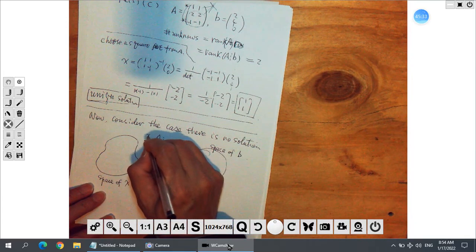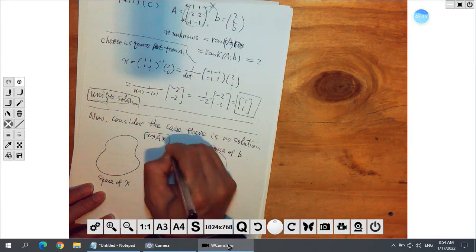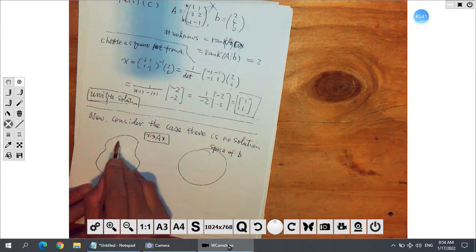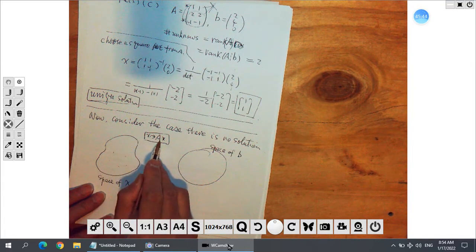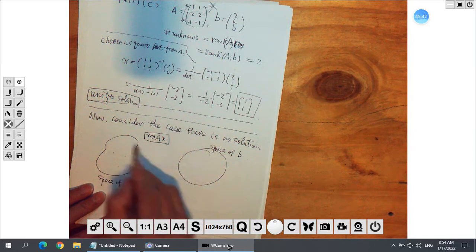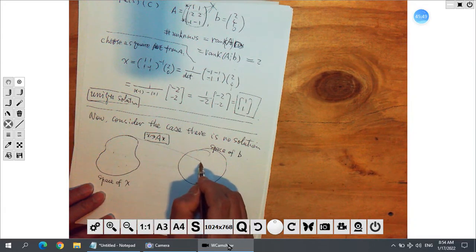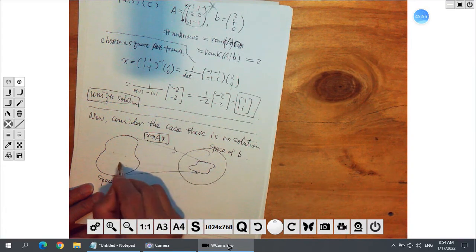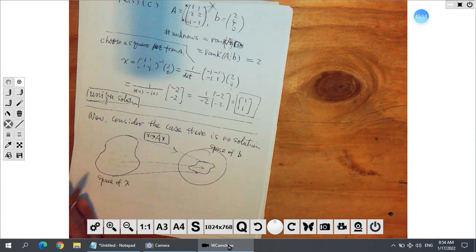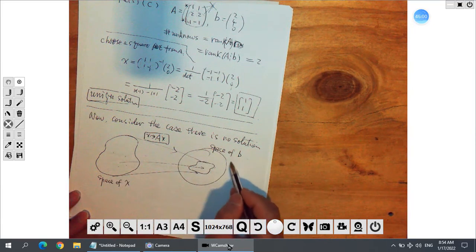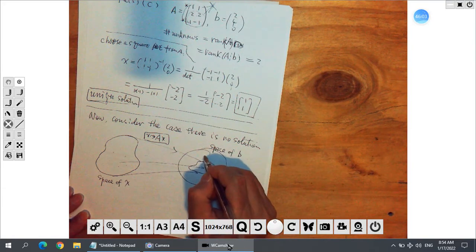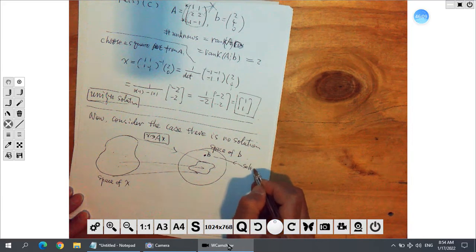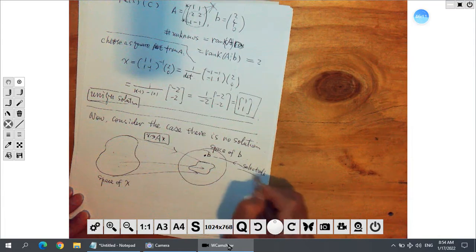X goes to A times X. Then every element in the space of X, multiplied by A, becomes a point inside here. The whole space will be a part of the space of B, and your specific B is here. Selected B, not any B.